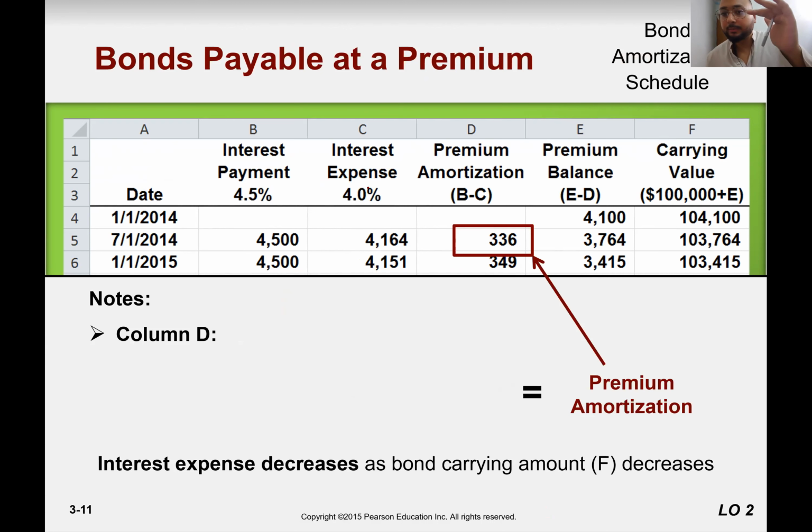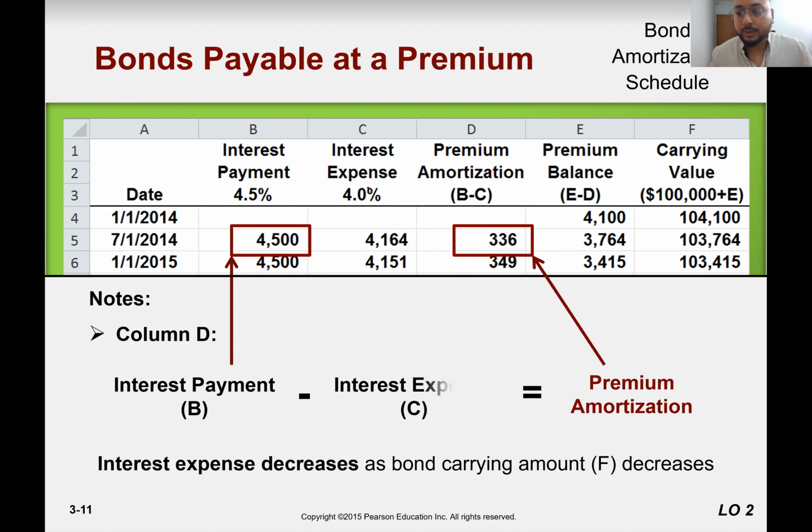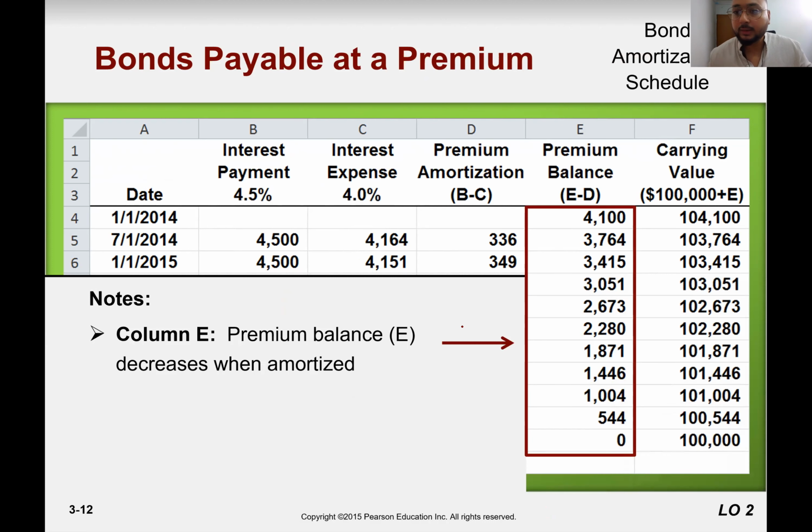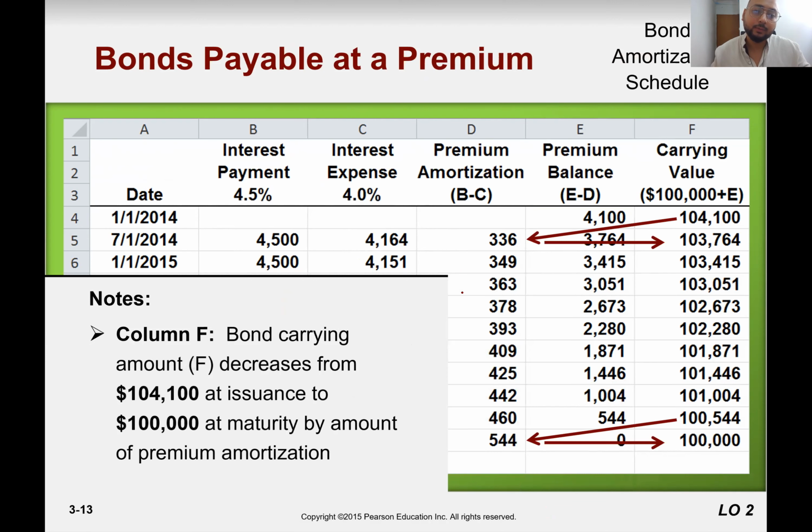Amortized premium mean premium is going to be decreased to 336, and that would be also where it is coming from, the difference between interest payment and interest expense, and that would be delete from our premium, and we also delete from our carrying value, or less from our carrying value, right? So at the end, this 104,100 at the issuance must be equal to 100,000 at the maturity. So it would be always 100,000 in case of discount and in case of premium, right?